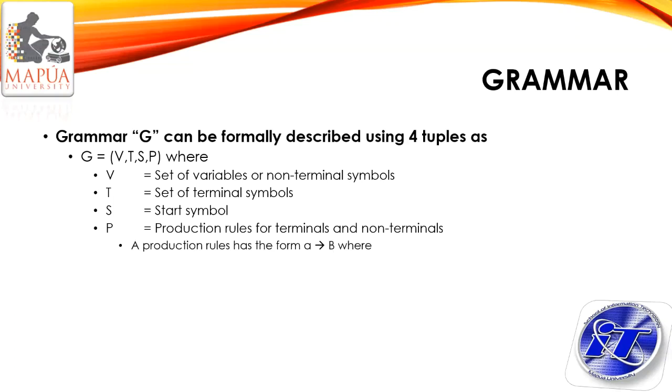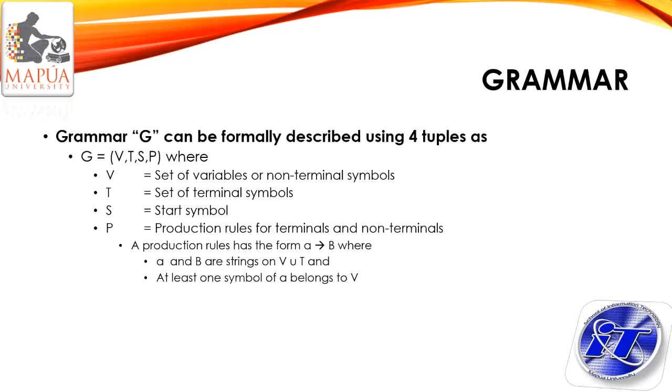A production rule can be in the form A maps to beta, wherein A and beta are strings on V union T. Basically, A and beta came from the set of non-terminal symbols and terminal symbols, and the left side could belong to just one non-terminal symbol.